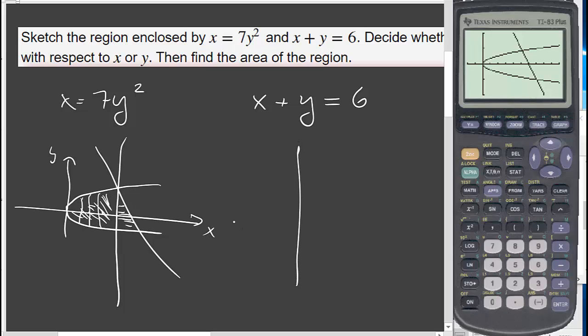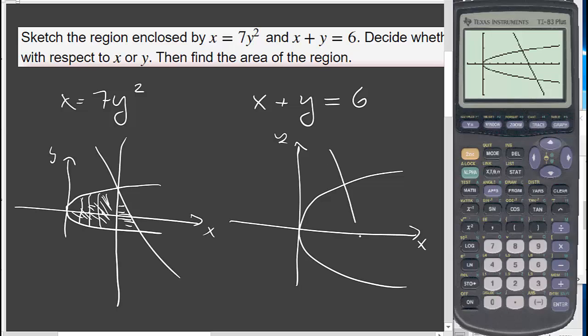However, if we looked at this in terms of y, so that would be the right minus the left, we'll see that the entire region is bounded by the same functions.